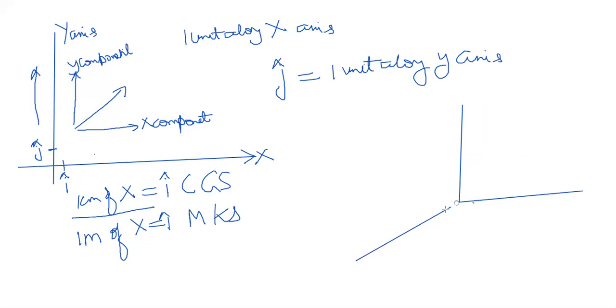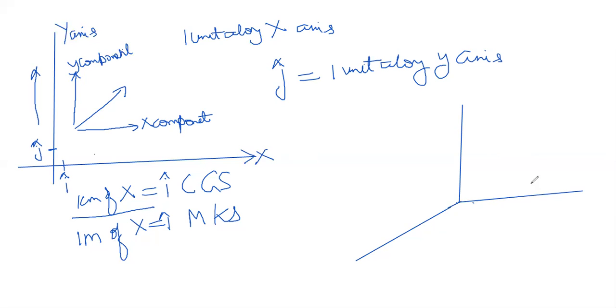Yes, it looks like that. Now you can see all three axes. Let us give them different colors. This is my k.